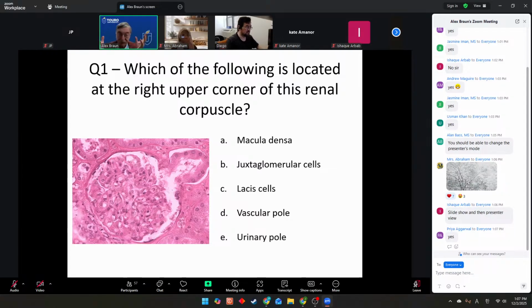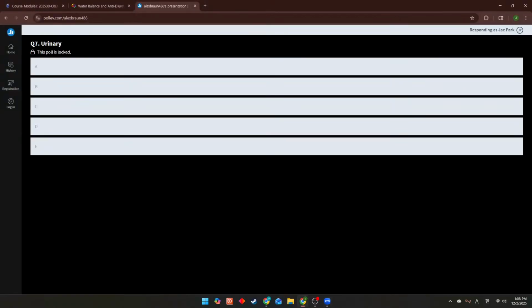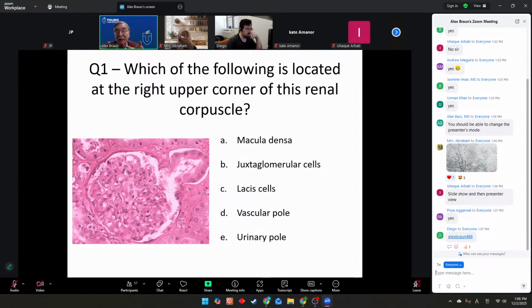Together, Bowman's capsule and the glomerular tuft are the renal corpuscle. So when you read about this, you often will see the phrase renal corpuscle referring to this entire globular structure, with a tuft of capillaries in the center and a bilayered epithelial capsule.